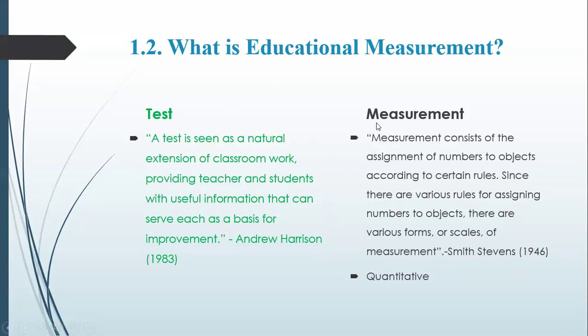Measurement is much more advanced than a test. According to Smith Stevens in 1946, measurement is the assignment of numbers to objects according to certain rules. Since there are various rules for assigning numbers to objects, there are various forms or scales of measurement. In other words, in measurement we measure raw scores, percentages, ranks, standard scores and so on.